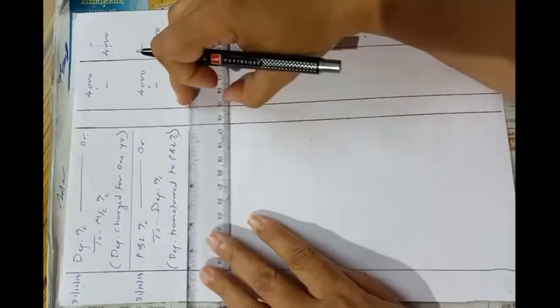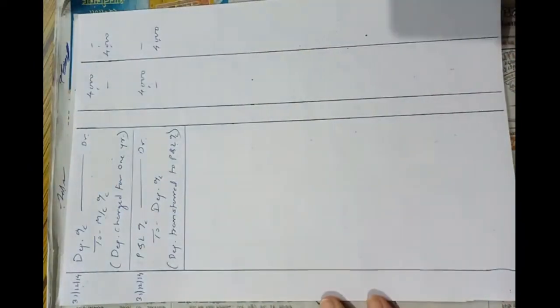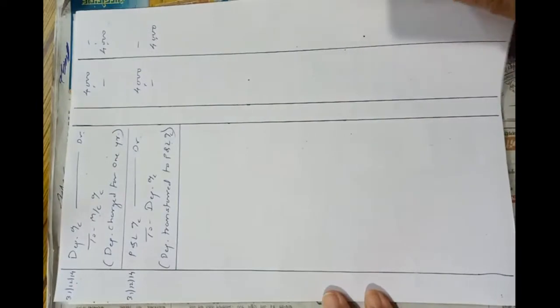This is the last entry of this problem. Okay, so in this way you have to prepare machinery account, depreciation account, machinery account, depreciation account, and we have to pass journal entries here.